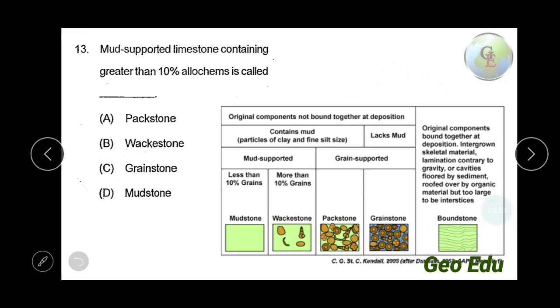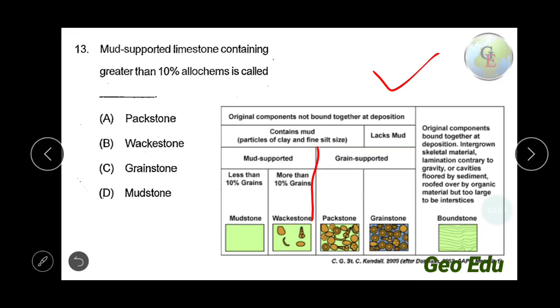Next question. Mud supported limestone containing greater than 10% allochems is called option A, packstone. Option B, wackestone. Option C, grainstone. And option D, mudstone. This limestone classification is given by Dunham, known as Dunham's classification. As you can see, limestone is divided into two parts, mud supported and grain supported.